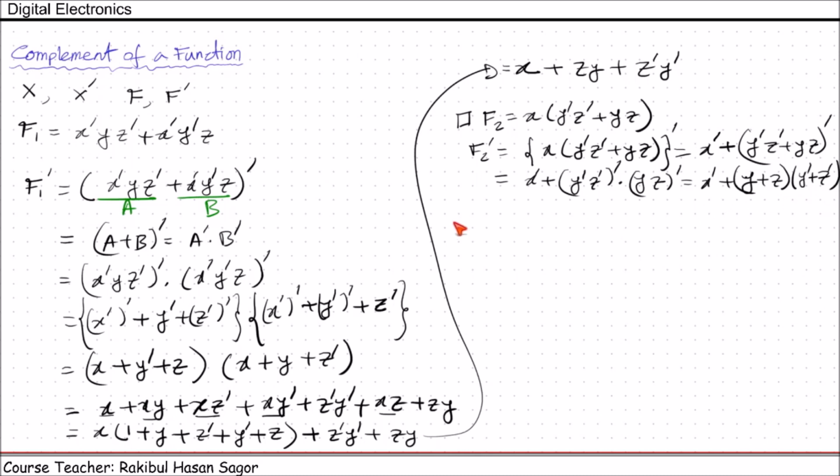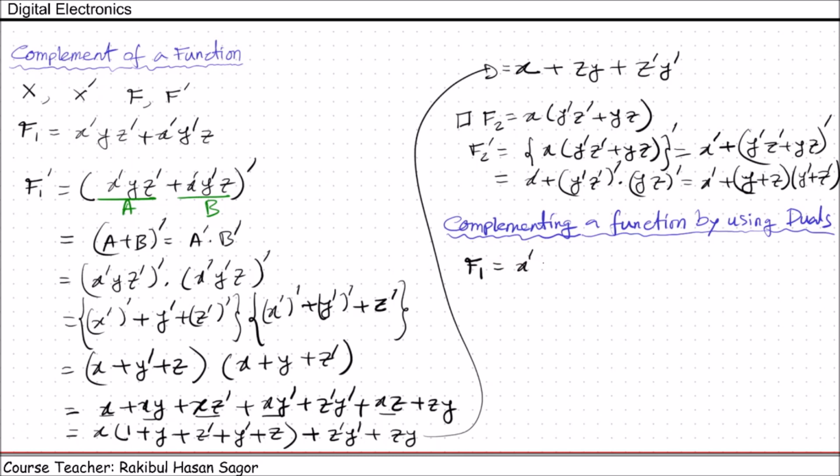Now let me show you complementing a function by using duals. See the procedure. Let's solve for f1. Suppose we have a function f1 which is equal to x prime y z prime plus x prime y prime z, the same function we are taking.